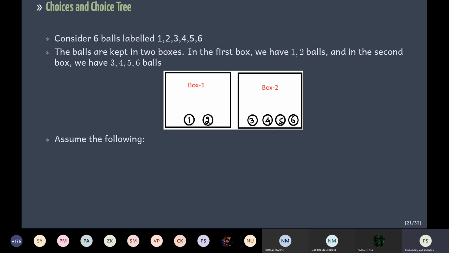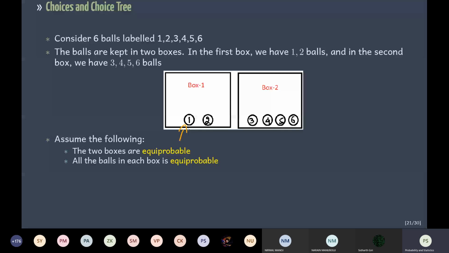Let us assume the following. The two boxes are equiprobable, so you can pick either box with equal probability. You don't have any preference for a box. Also, all the balls in each box are assumed to be equiprobable.